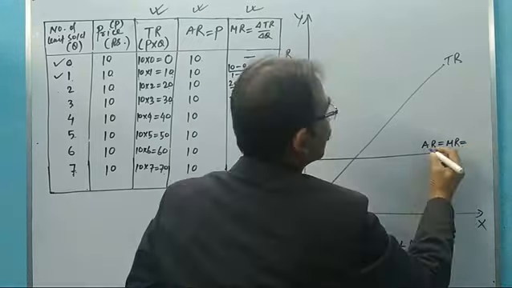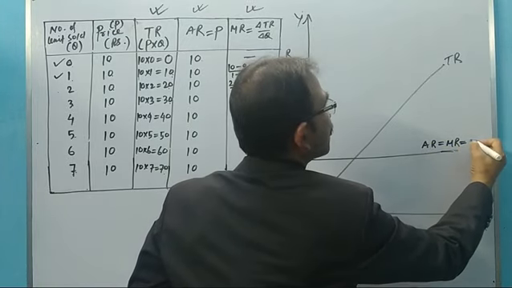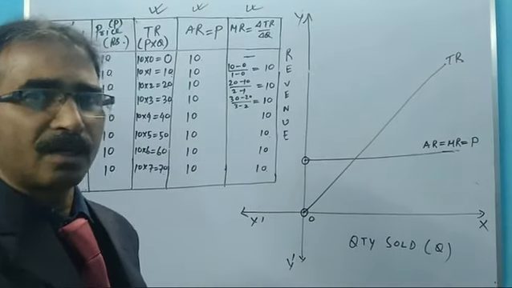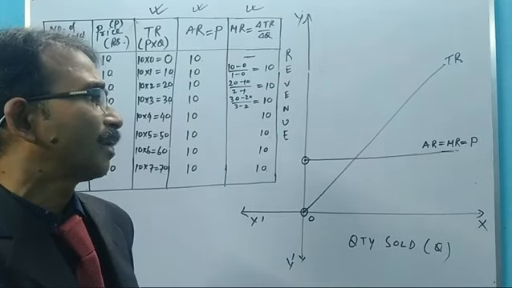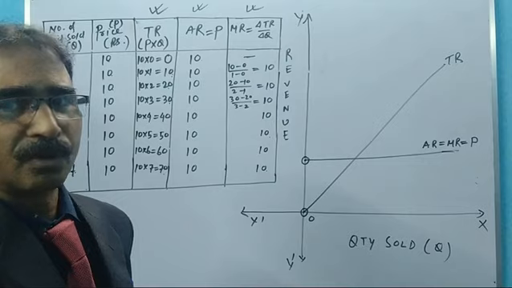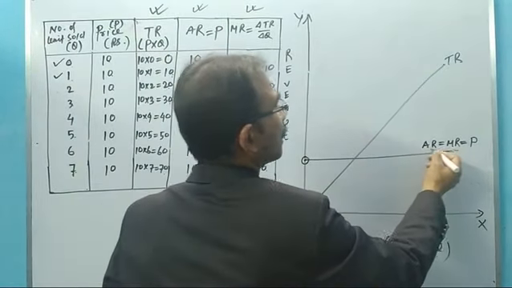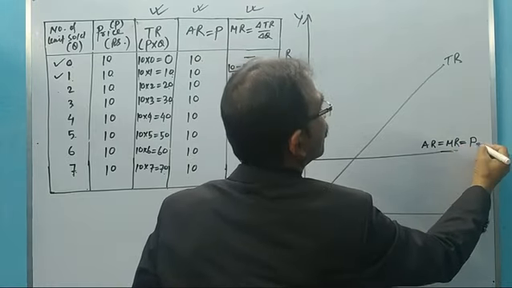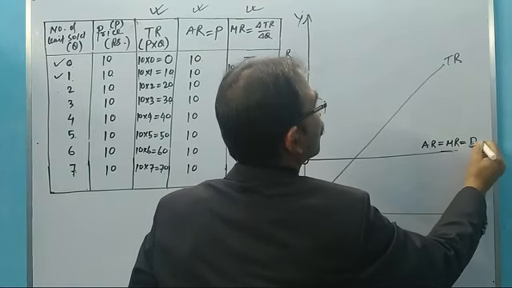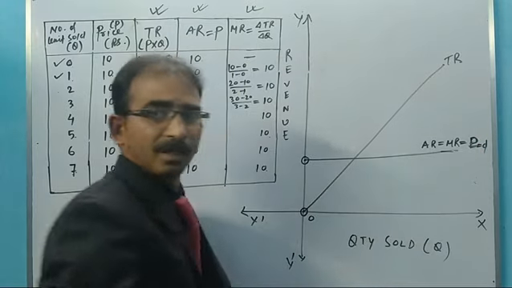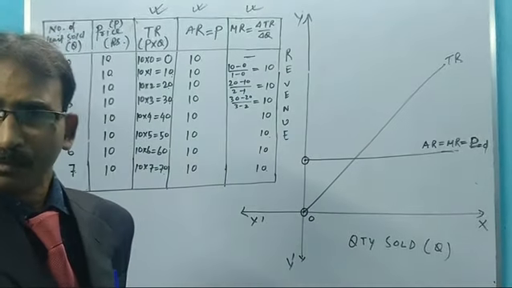That is why AR is equal to MR is equal to P. And also we know that in the perfectly competitive market, the demand curve will be parallel to the horizontal axis. That is why we can say that AR is equal to MR is equal to P is equal to D.